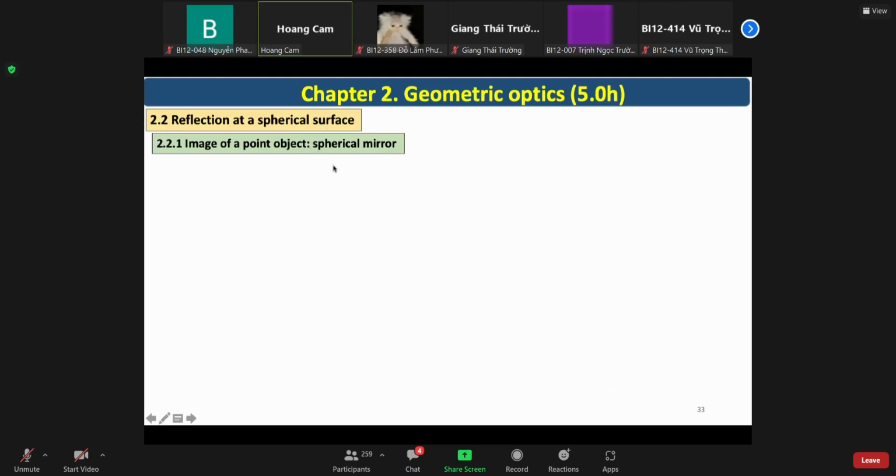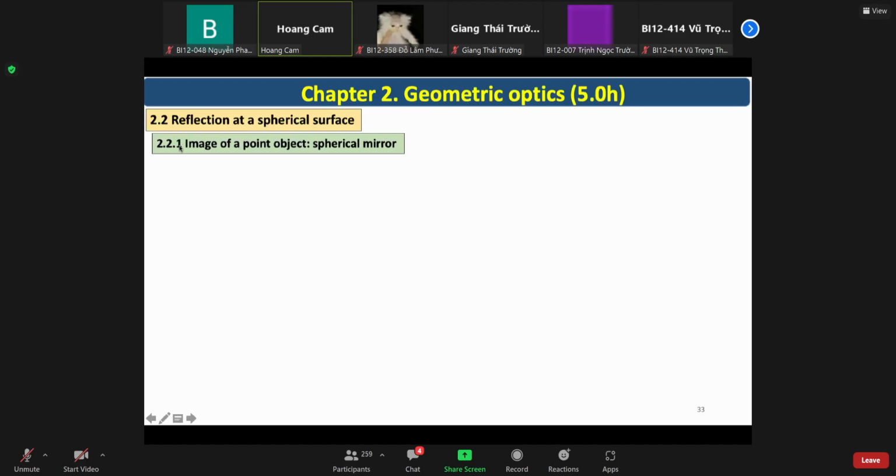Now we will deal with the case of the spherical mirror. The spherical mirror means R is not infinity; R is some definite value. For that, we will split reflection and refraction.